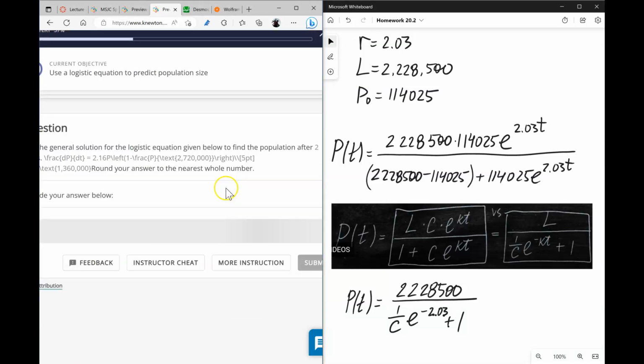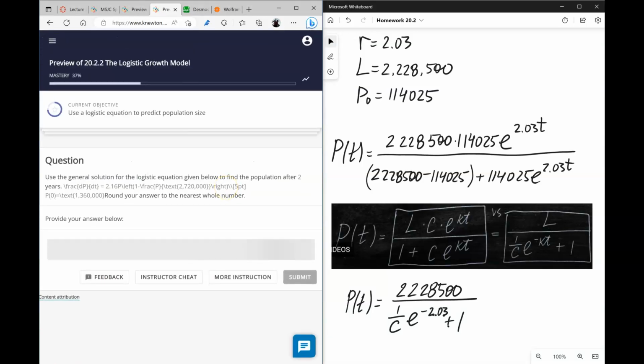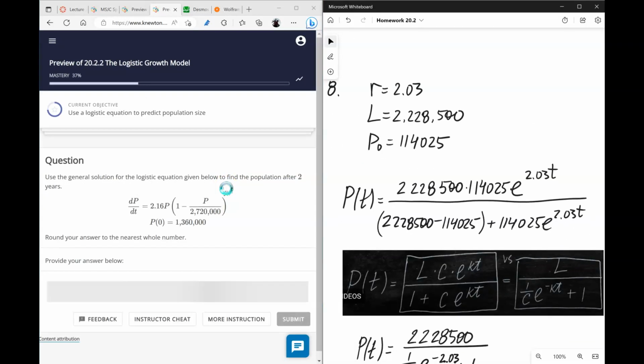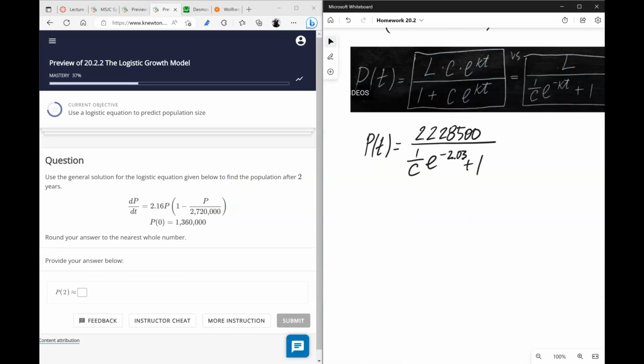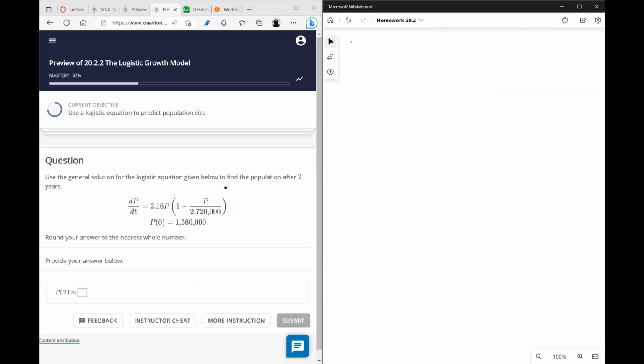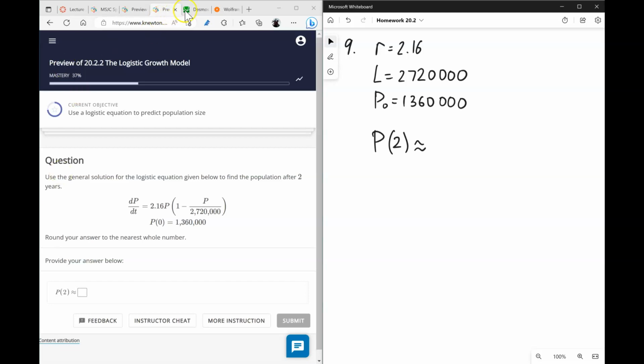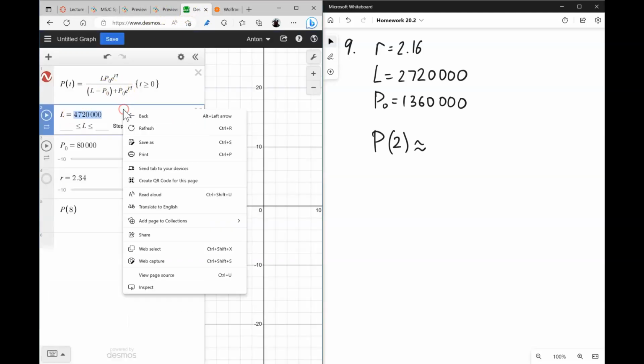All right, next problem is going to be number 9. We identify R as 2.16, L as 2720000, P0 is 1360000, and we're asked to find P of 2. To do that, we're going to plug in everything that we know.